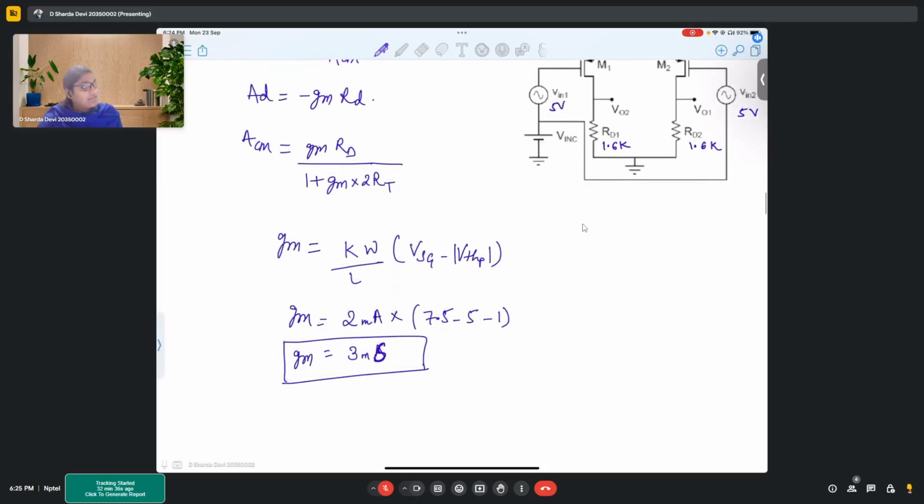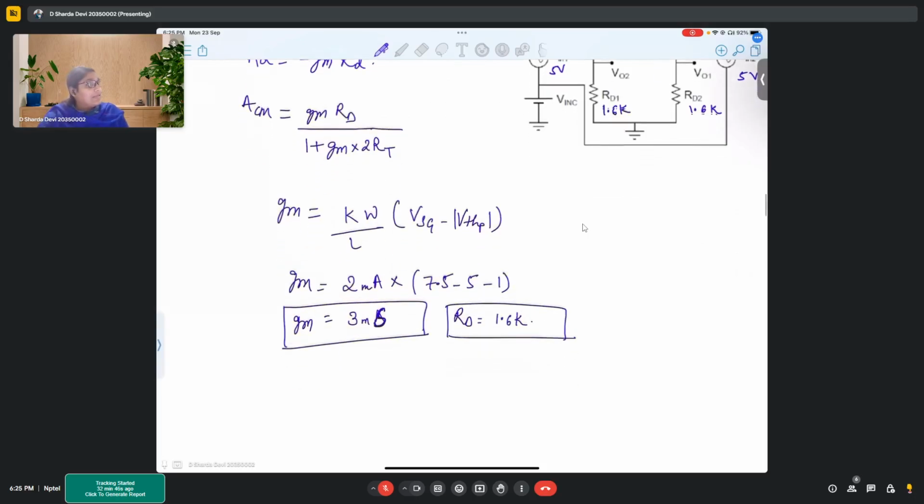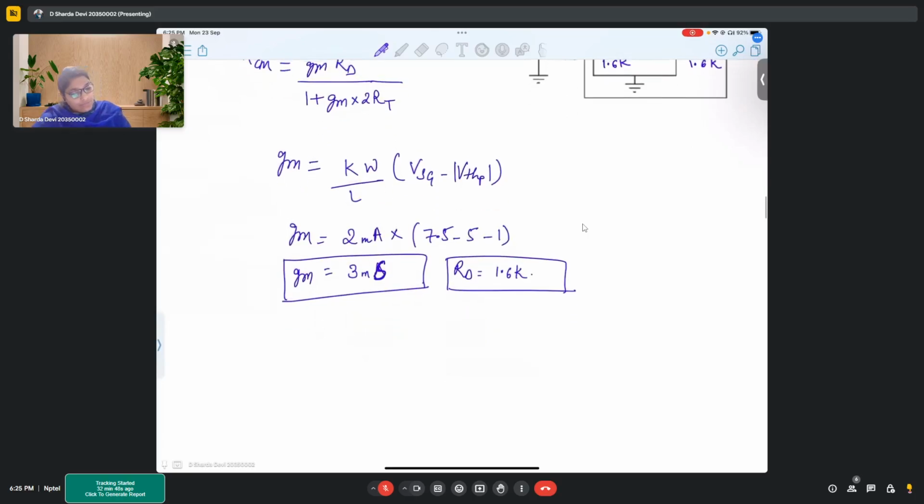Gm is 3 millisiemens. RD we know, 1.6 K. So AD is Gm into RD, that is 3 millisiemens into 1.6 K. So AD turns out to be 4.8 volt by volt.